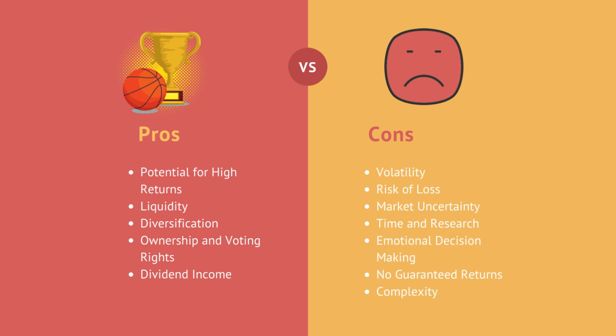I would suggest to invest money that you can afford not to see for a while, because liquidity concerns might force you to sell your stock at a bad time.